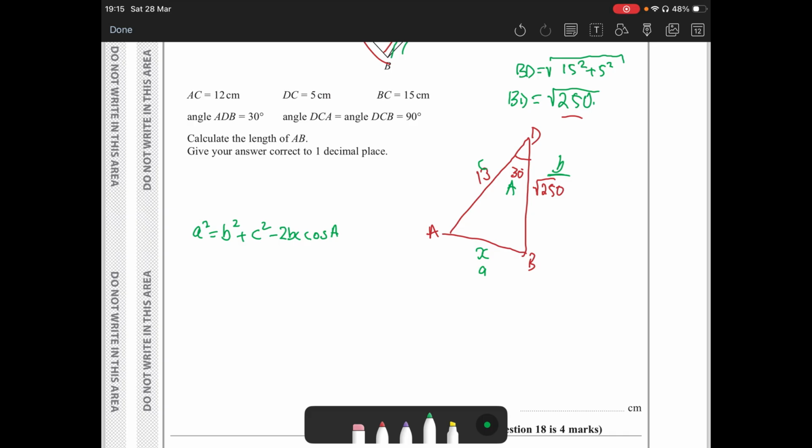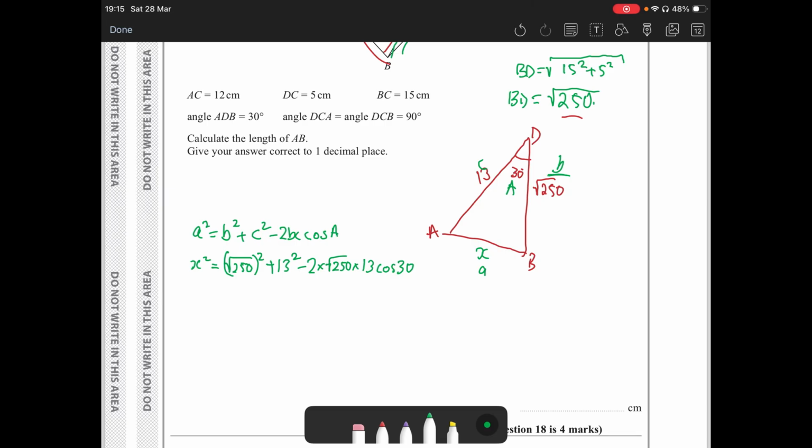Doesn't matter. Okay? So a squared in this case would be x squared equals b squared, which is root 250 squared. Again, see, this is why I didn't want to simplify the surd, because the roots kind of cancel out. c squared would be 13 squared minus 2 times root 250 times 13 times cos of 30.